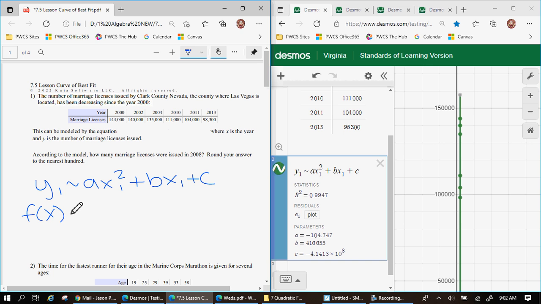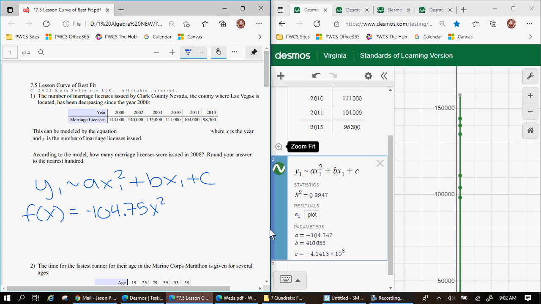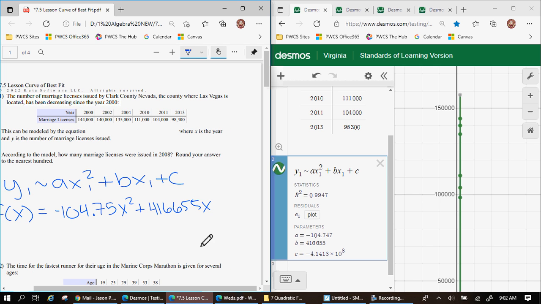So in this case, we are going to get, I'll do f of x because we're doing functions. A is negative 104. I'll say 0.75. I'll round that. X squared. And then B was this big number. And then C has this times 10 to the 8.